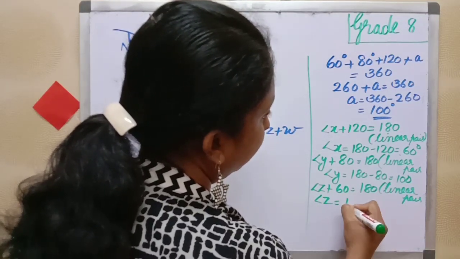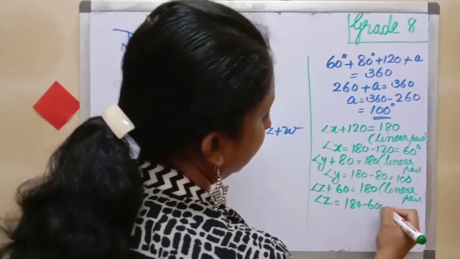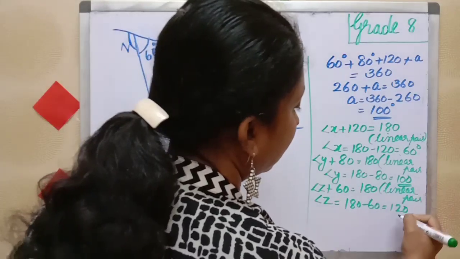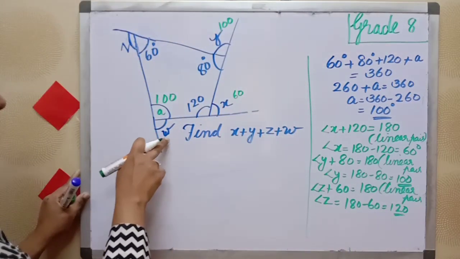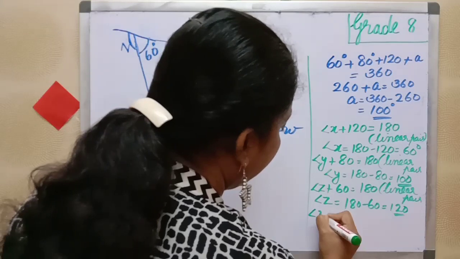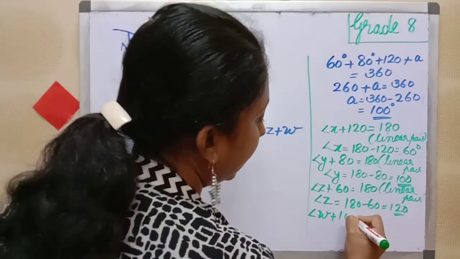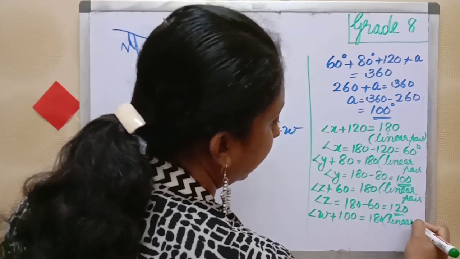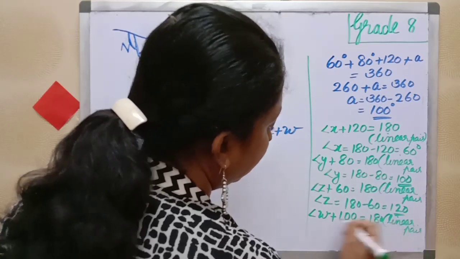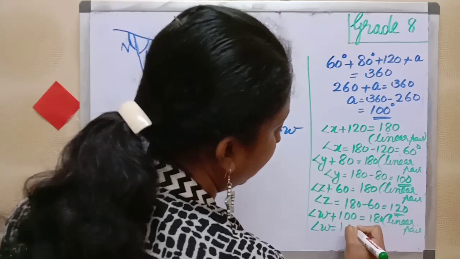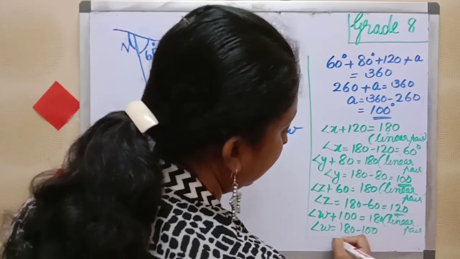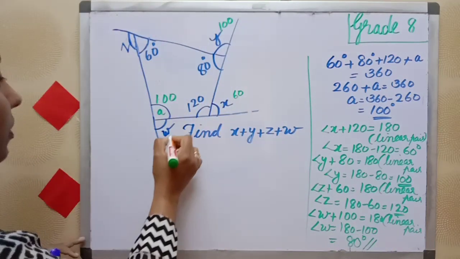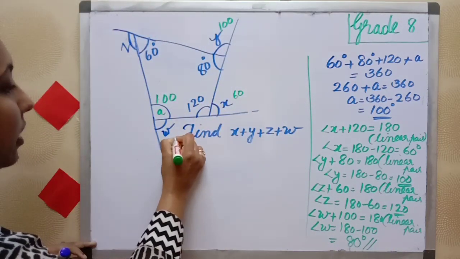Angle z is equal to 180 minus 60, that is equal to 120. Then only one angle left. Angle W plus 100 is equal to 180, so also a linear pair only. So angle W is equal to 180 minus 100 is equal to 80 degree. So W is 80 degree.